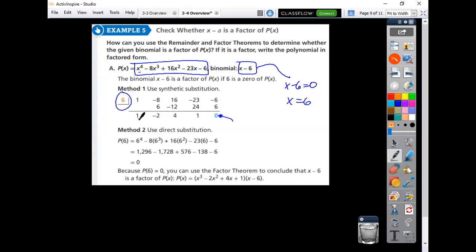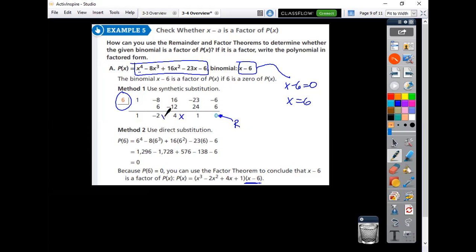So bring your 1 down, 6, bring it up, add, multiply 6 times -2, -12, add straight down. 6 times 4, 24, add straight down. 6 times 1 is 6, add straight down. Since the remainder is 0, then it is a factor. So then what's the other part? We have the x minus 6, and then this is your number.